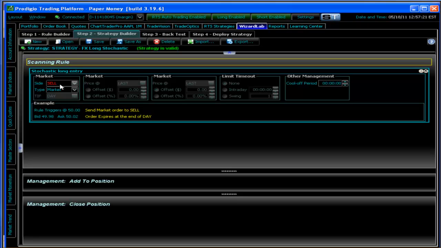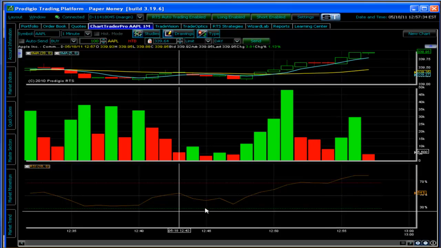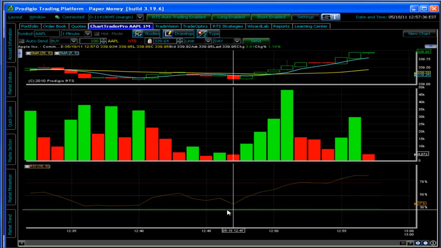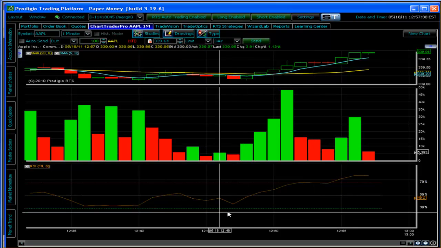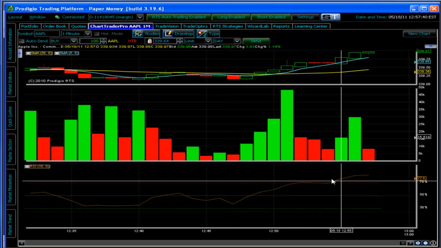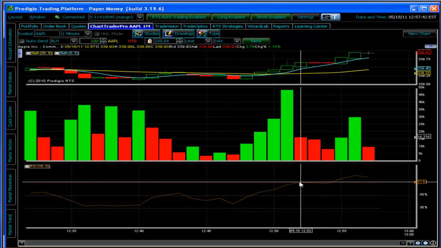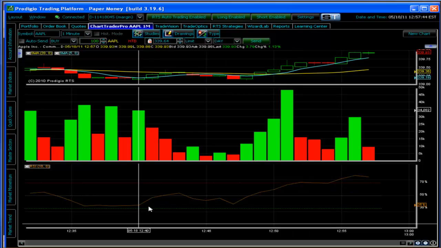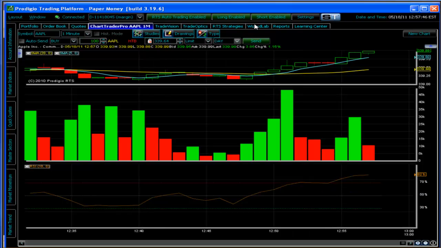Well, one way to think about it is if I'm going short when I'm overbought, when the RSI is above 70, the opposite would be go long when I'm oversold, right? And it's generally considered oversold when it dips below 30 on the RSI. So the opposite of the strategy to go short when I'm overbought is to go long when I'm oversold.